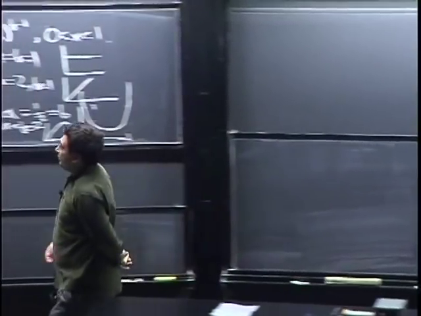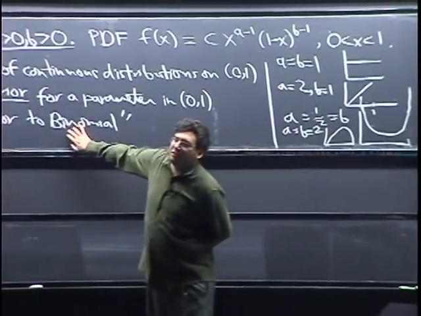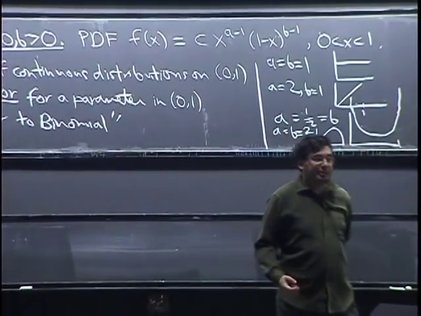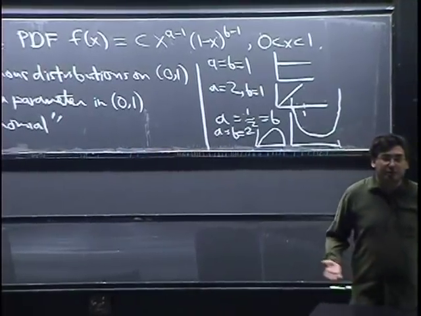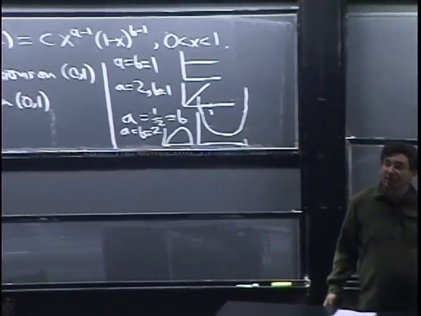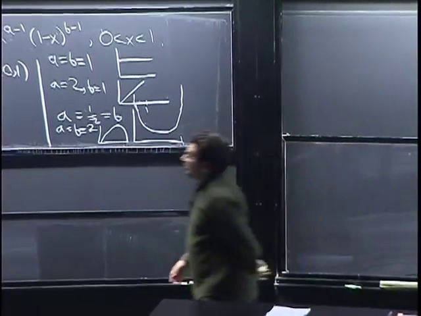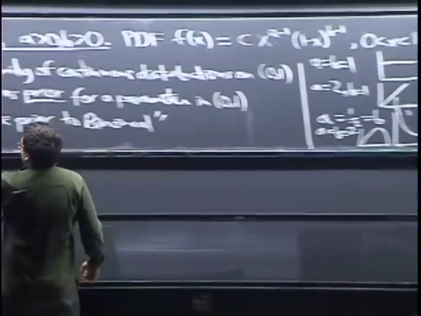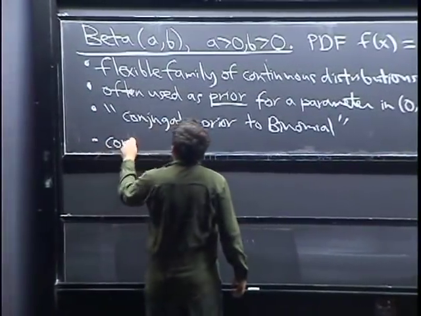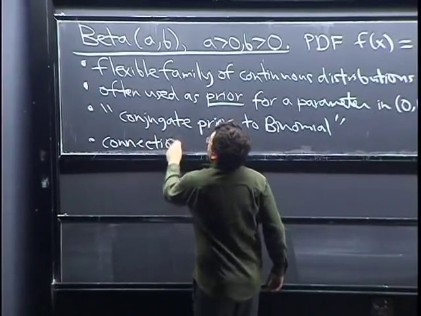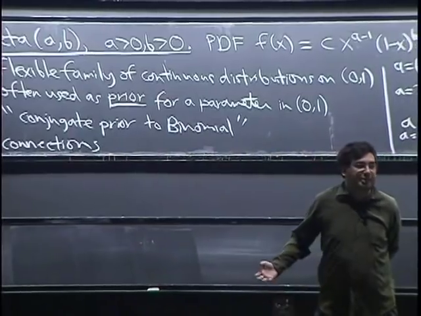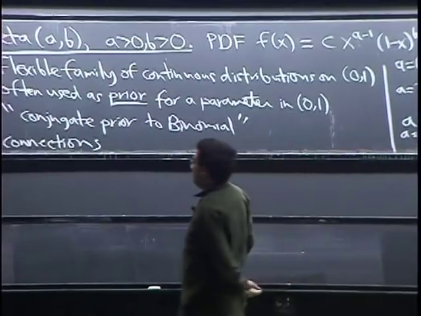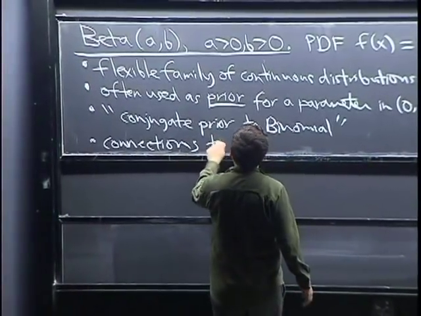This is foreshadowing 111 in a sense, but it's also just a 110 calculation that you should be able to do once you know what conjugate prior means, which I'll explain in a bit. It also has various connections with other distributions that we'll see later. So it's a very well-connected distribution. It has lots of nice properties and relationships with other distributions, and that makes it a useful tool.